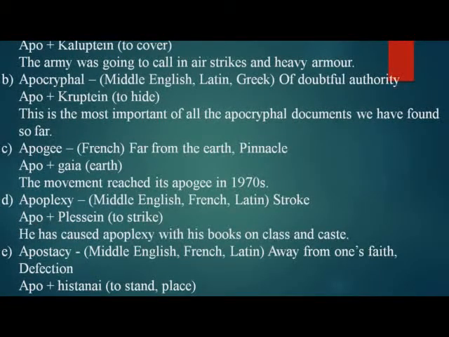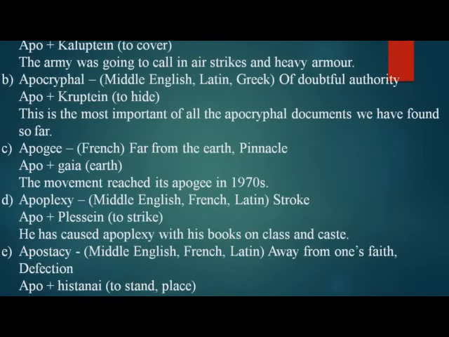And then it is apostasy, again Middle English, French and Latin origin, means away from one's faith or defection, that is desertion. And the splitting is apo plus hestenai, which means to stand or to place. That is actually the meaning of hestenai, but the word exactly means away from one's faith.